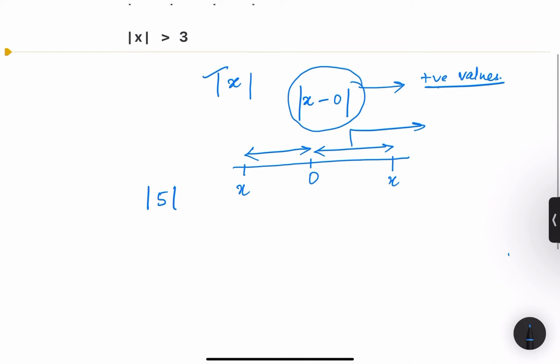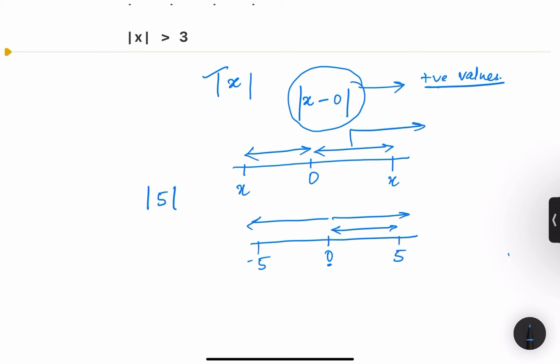On a number line, this point 5 is 5 units distant from number 0, either this side, that is here, or this side, that is minus 5. So when we open this, it can take any value, minus 5 or plus 5, but as far as modulus of 5 is concerned, it is only a distance with respect to 0.